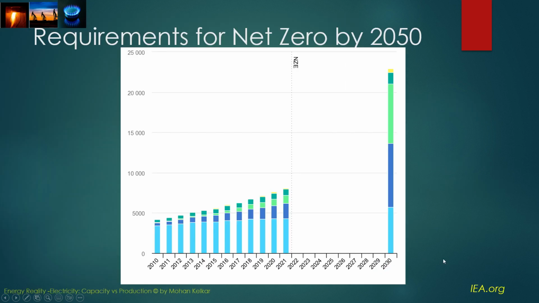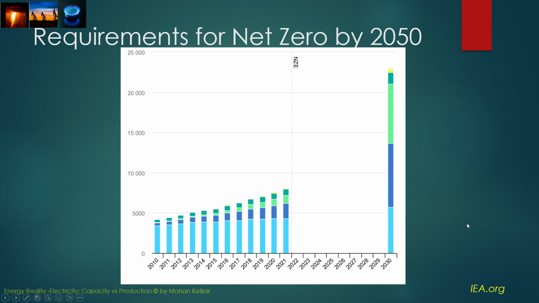According to IEA.org, if you really want to reach net zero by 2050, between 2021 and 2030, we'll have to increase the electricity generated by renewables threefold, from about 7,000 terawatt hours to about 23,000 terawatt hours.